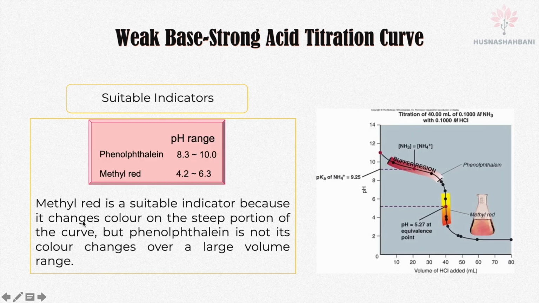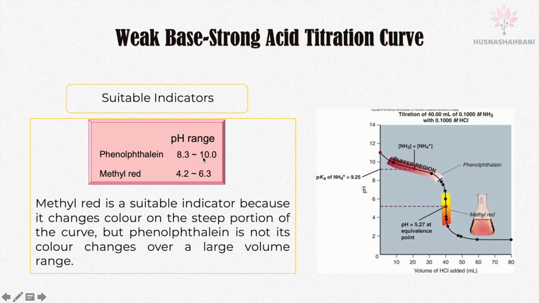Suitable indicators. Methyl red is a suitable indicator because it changes color on the steep portion. Here we use methyl red because the pH at the equivalence point is less than 7. Phenolphthalein is not suitable.